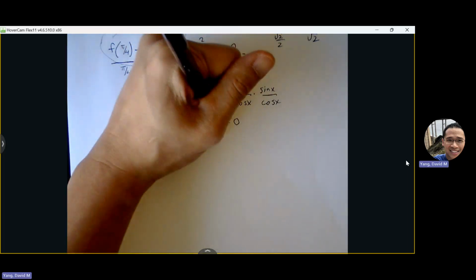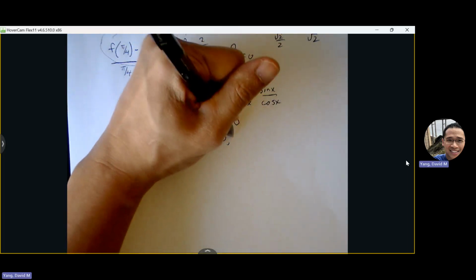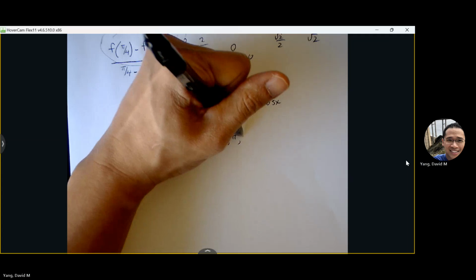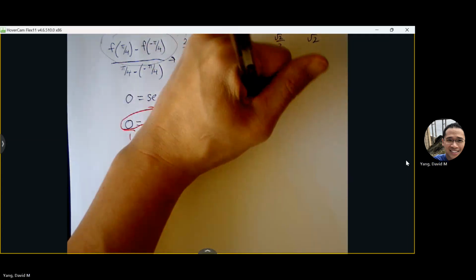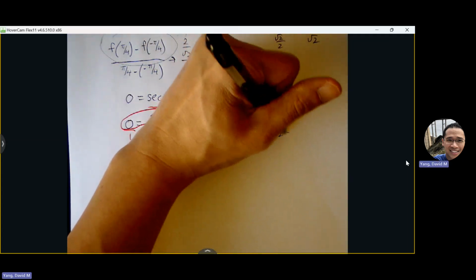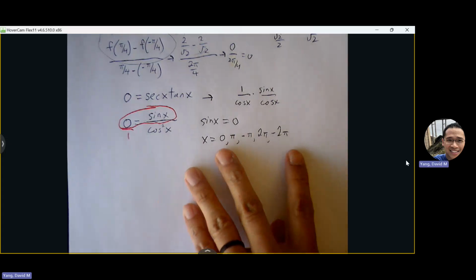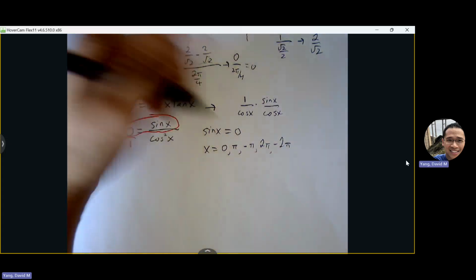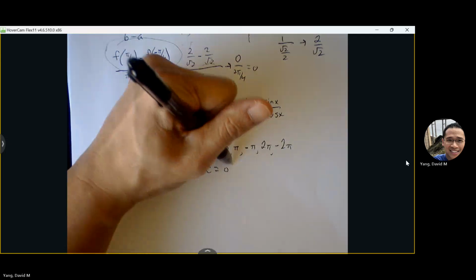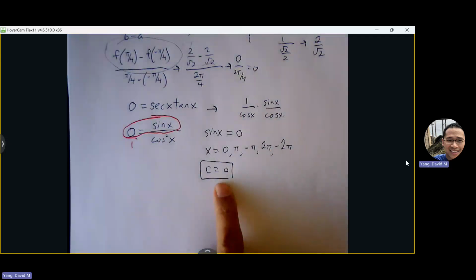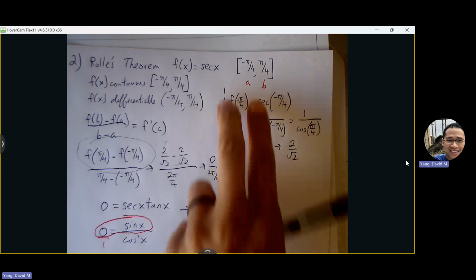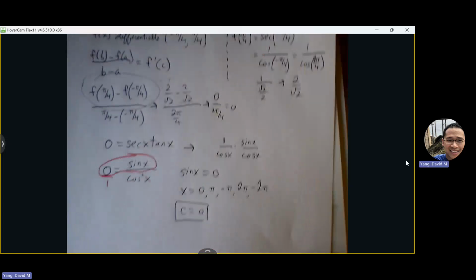Well, sine is equal to 0 at 0, pi, negative pi, 2 pi, negative 2 pi. We just need to find the one that lands between negative pi over 4 and pi over 4. And so it's just going to be 0. 0 is the only x value that's going to land between these two endpoints.